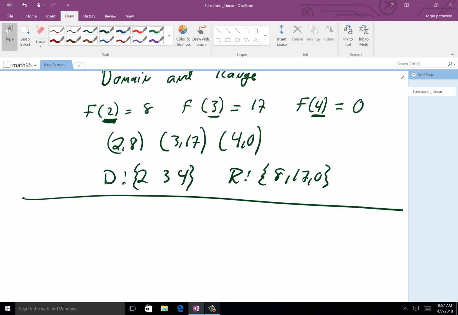Let's say we want to know what it is at f of 3. So then you come over here to 3, I'm going to go down, over and down, and right there is the number I'm after.